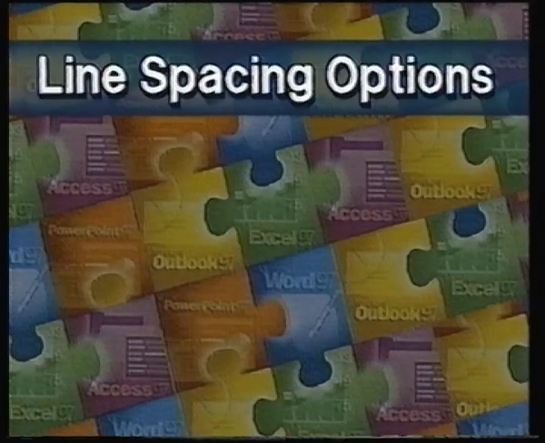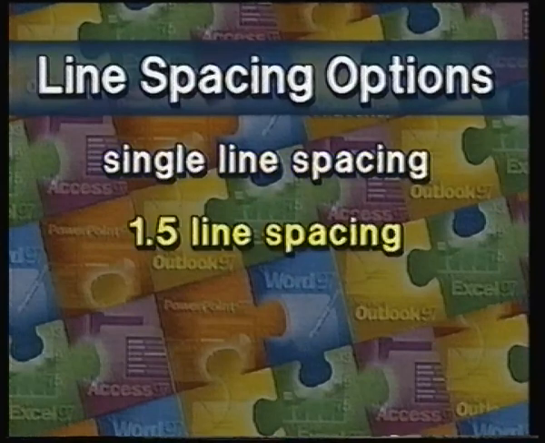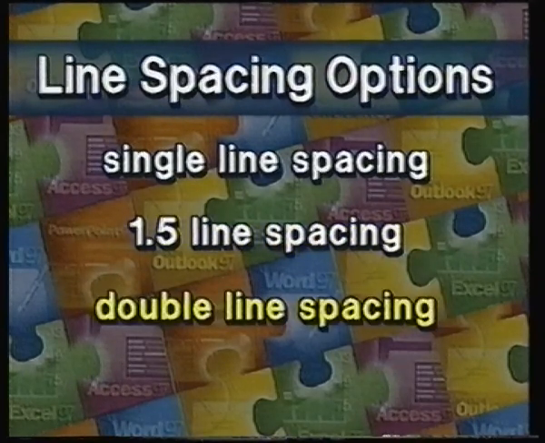Here is a list and explanation of line spacing options. Single line spacing accommodates the largest font in that line, plus a small amount of extra space. 1.5 line spacing is 1 1/2 times that of single line spacing. Double line spacing is twice that of single line spacing.